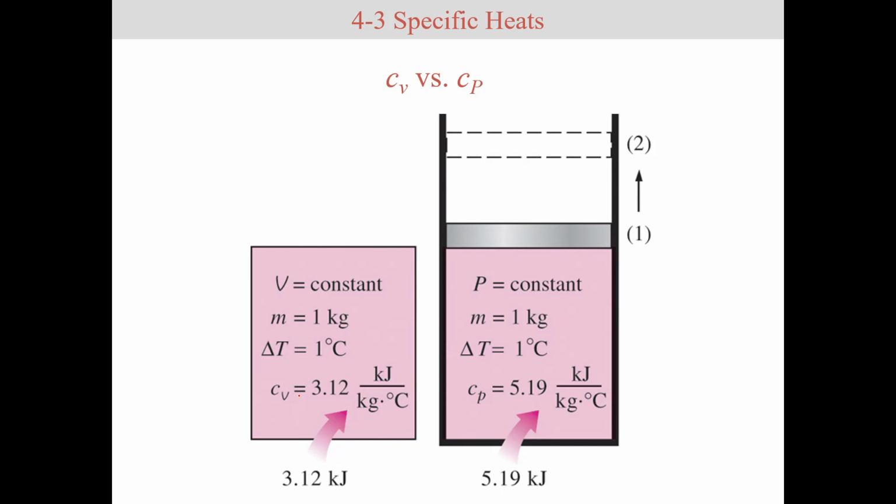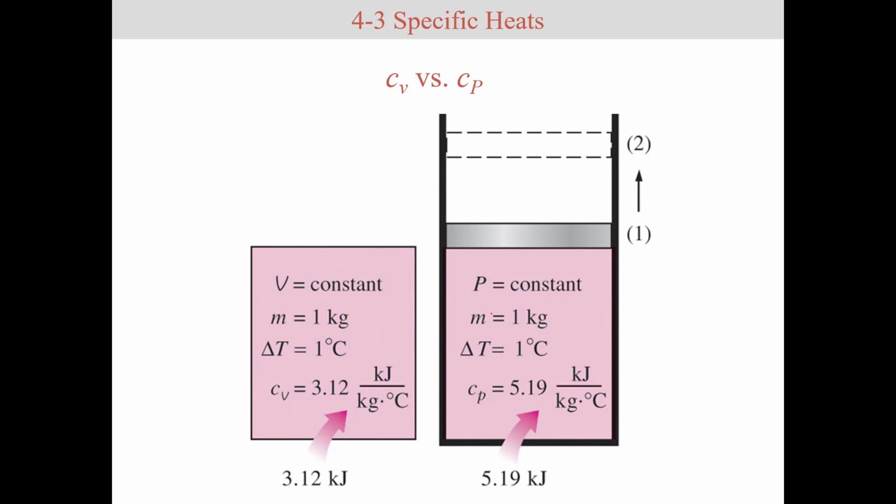Let's take a look at it. Remember the example problem we did earlier, where we looked at a first law analysis of heat being added to a tank versus heat being added to a piston cylinder assembly. So let's come back to that example.